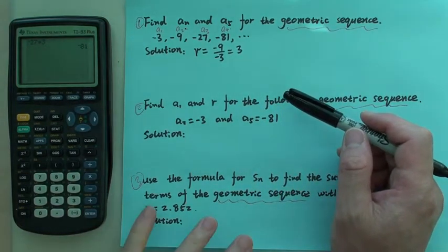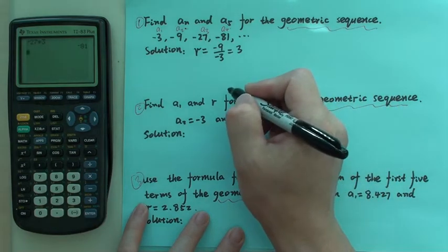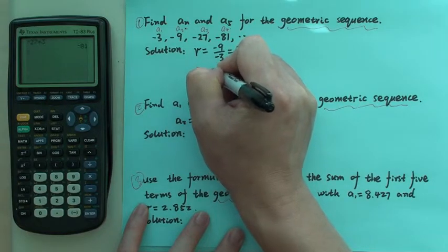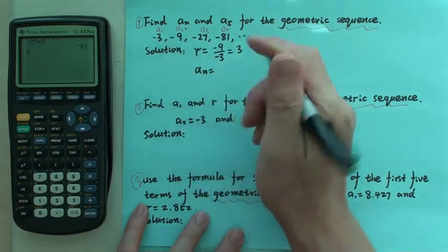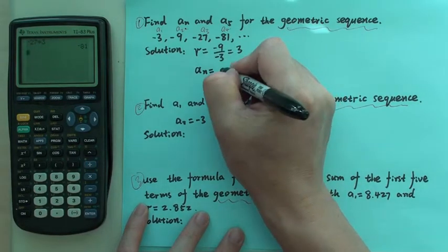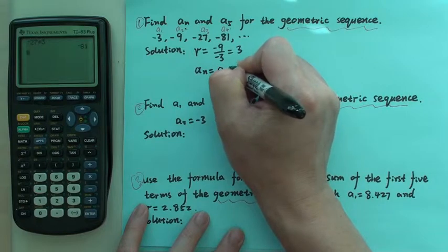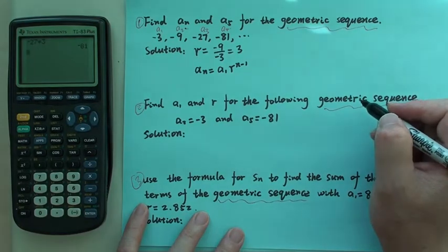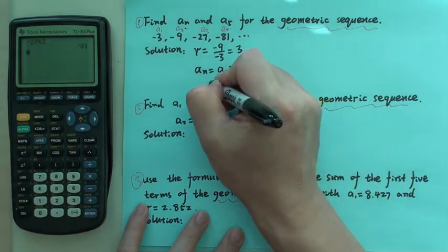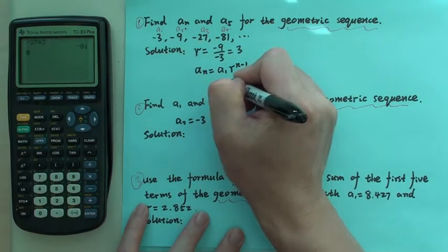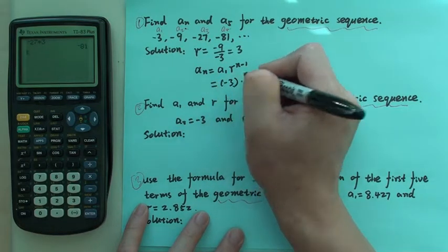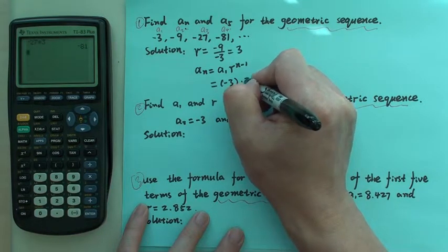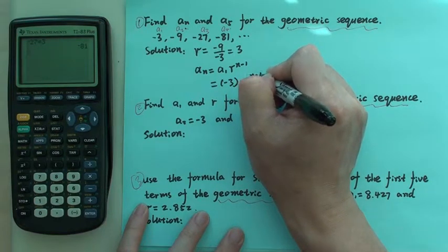But what we want to understand here is that a sub n is the formula right here: a1 times r to the n minus 1. And then we have a1 is negative 3, and r is 3, so 3 to the n minus 1.